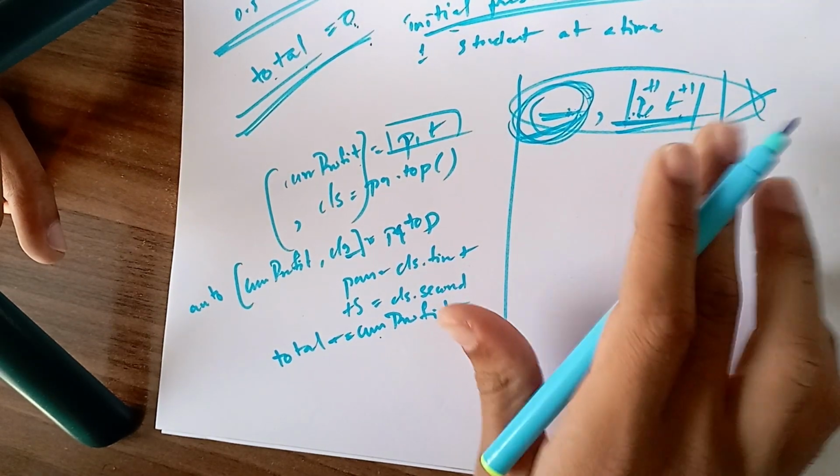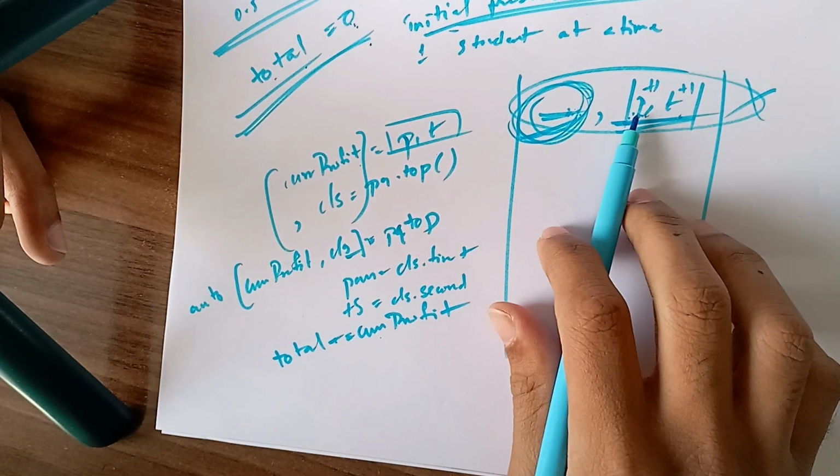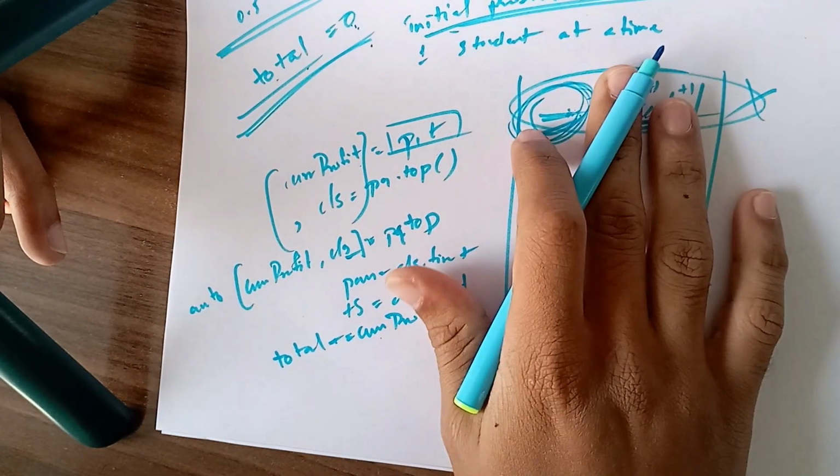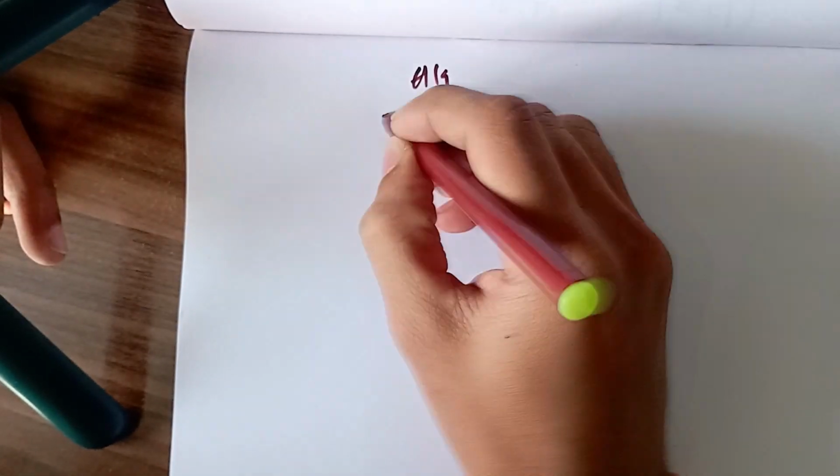So that means we have added one student to our class, and we need to store that in our priority queue. So this is the thing, and I will be giving you this algorithm.